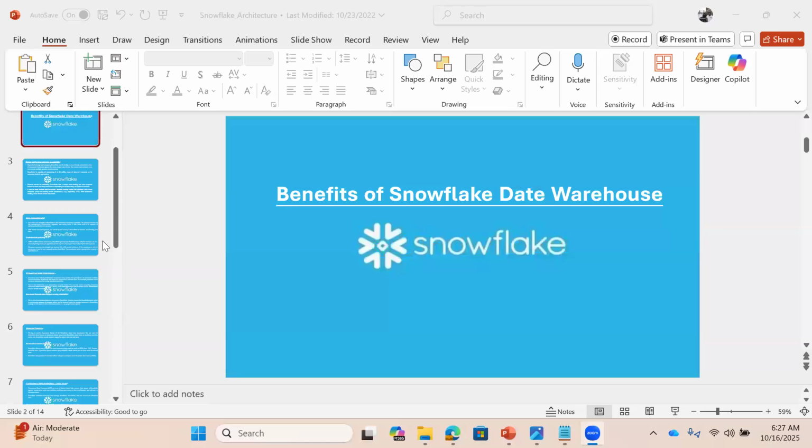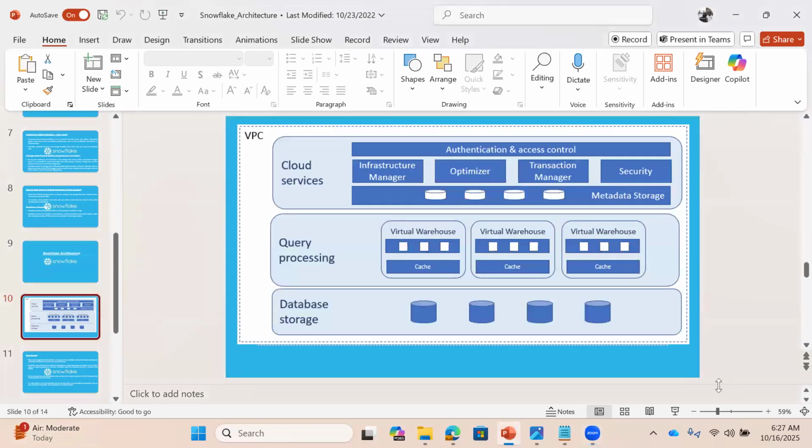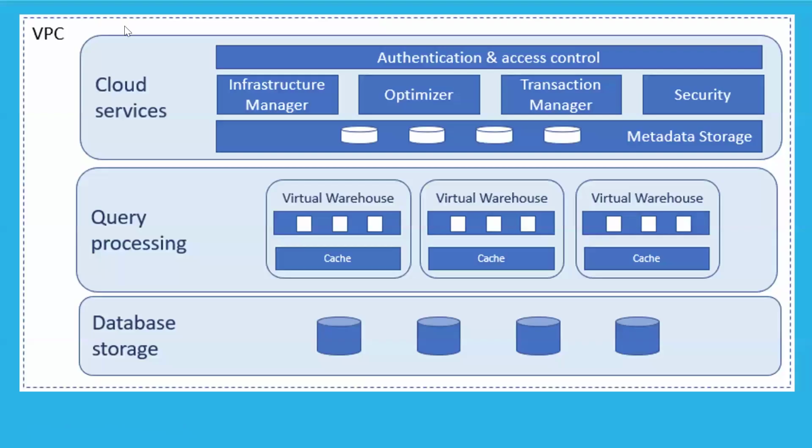Today we will discuss the Snowflake architecture. In Snowflake architecture, we have 3 layers.